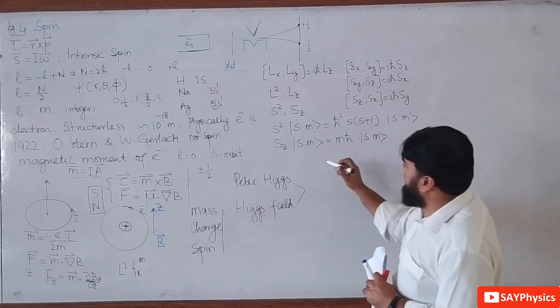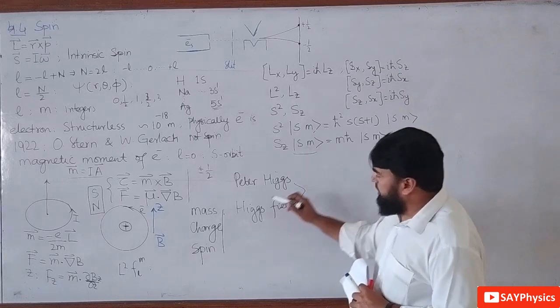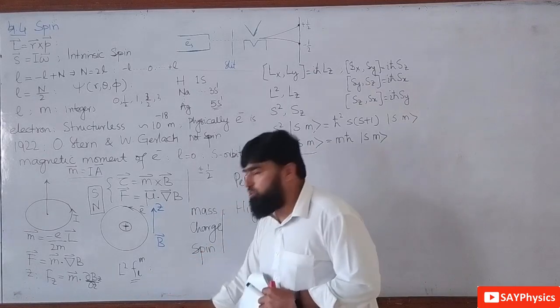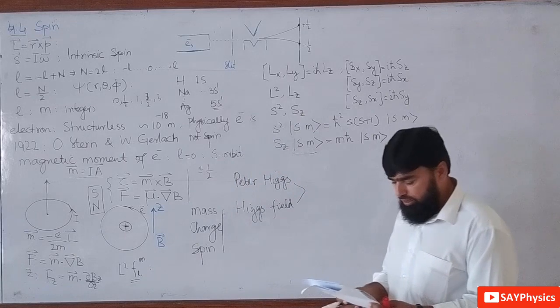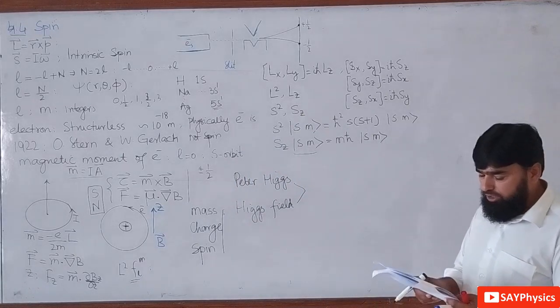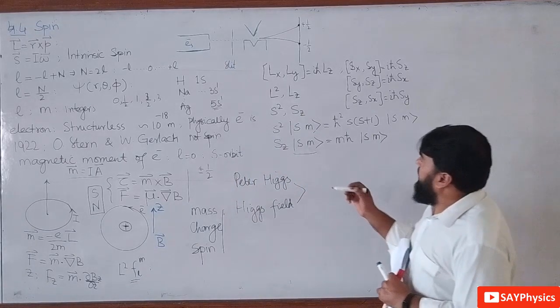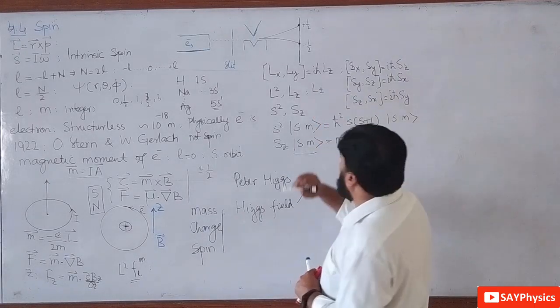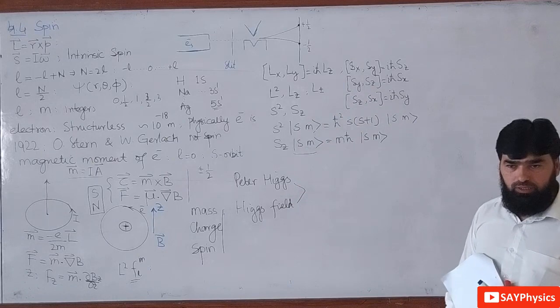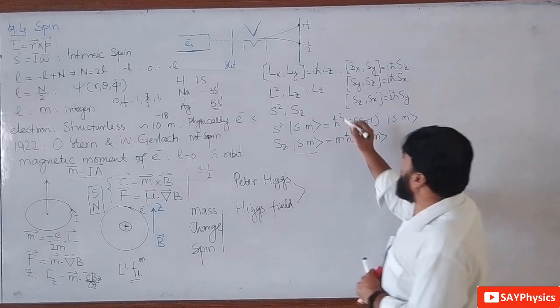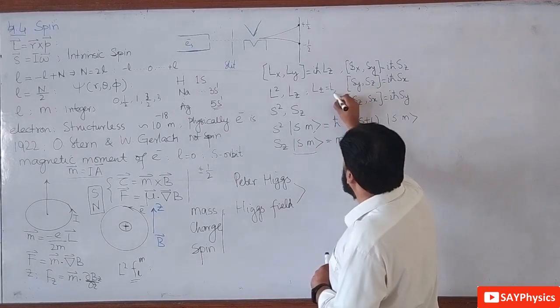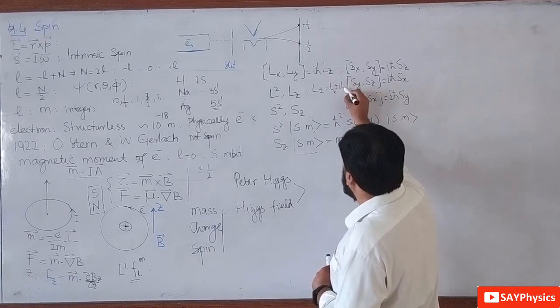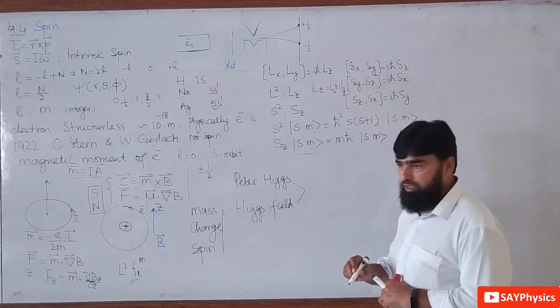So these are actually the eigenfunctions. And similarly, we had two more operators, L plus and L minus. You remember? These were equal to Lx plus minus i Ly.